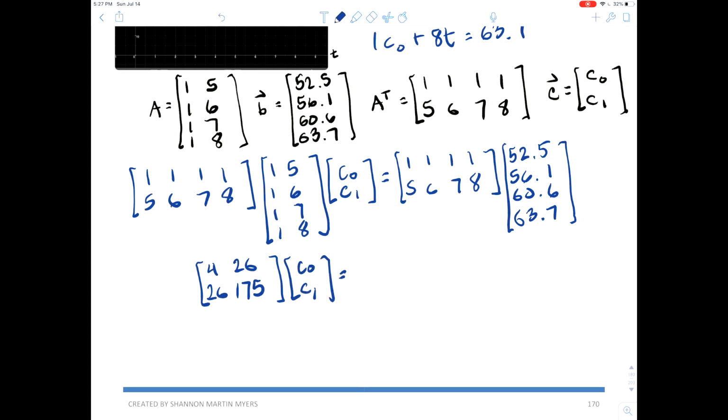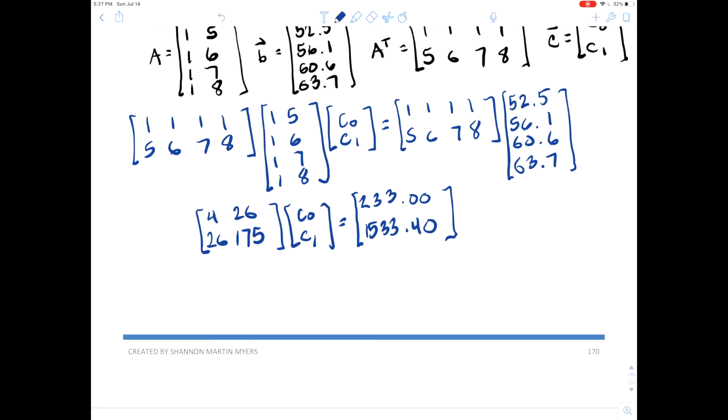And that's got to equal 233.00, and then 1533.40. And it turns out that we would find the reduced row echelon form of this augmented matrix.